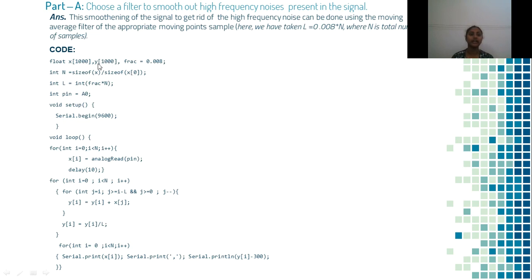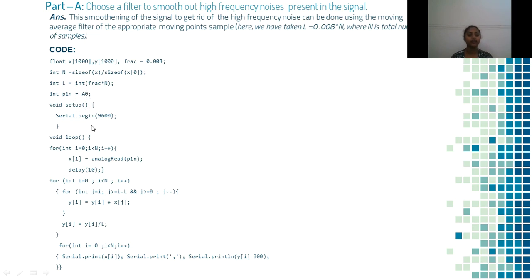First we have to initiate arrays x offset and y offset, input and output, and the fraction and the length of the input signal, and what will be the length of the samples that are to be combined together or averaged together, and the input pin, that is A0, the analog pin that is used to collect the PPG signal, and the system communicates with the Arduino board at a baud rate of 9600.